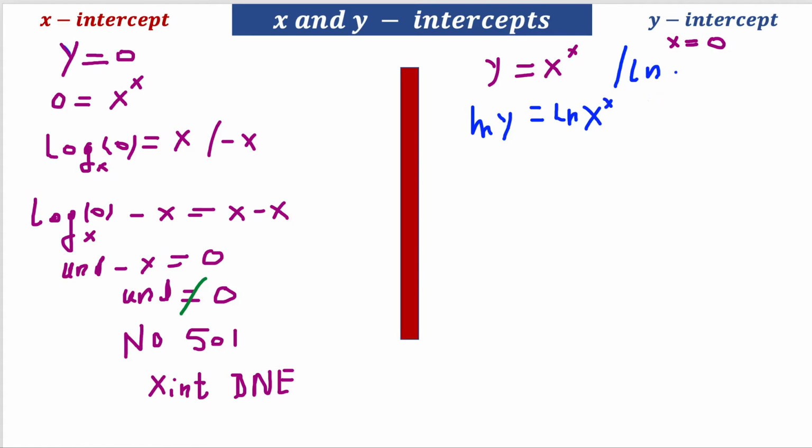And now if we take the limit, ln y is going to be equal to the limit as x goes to 0.